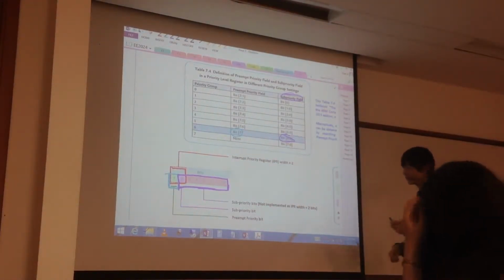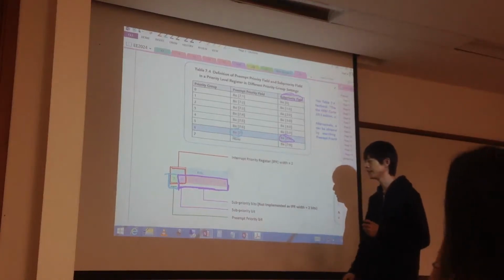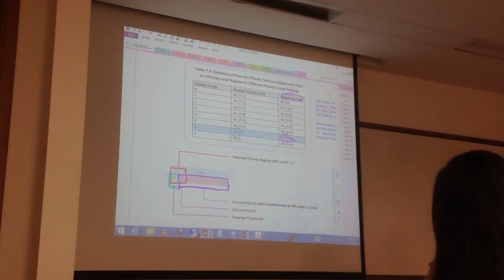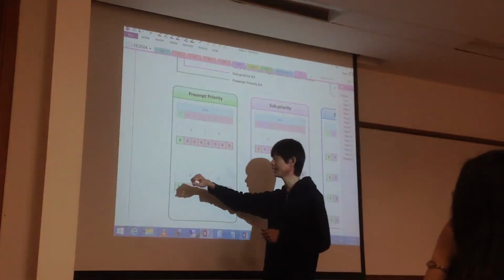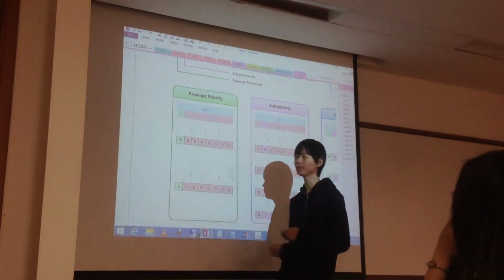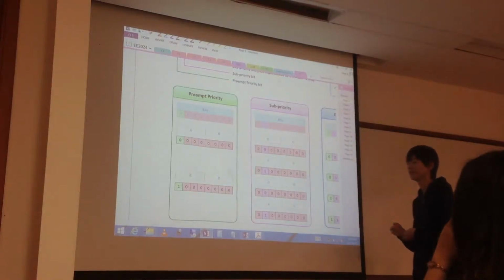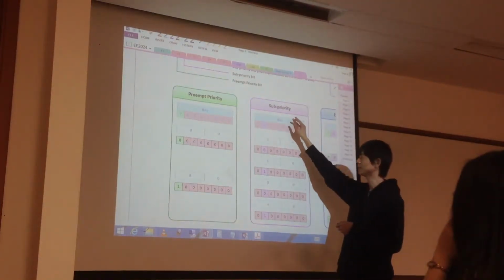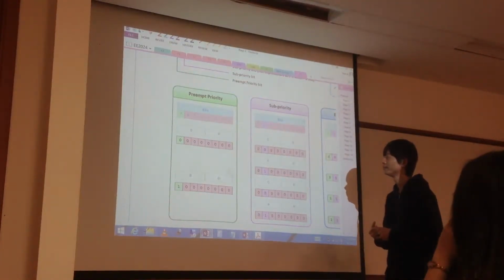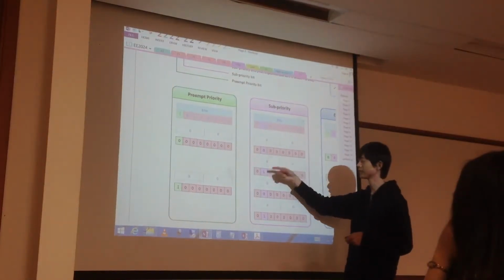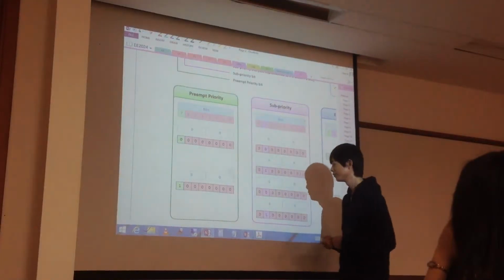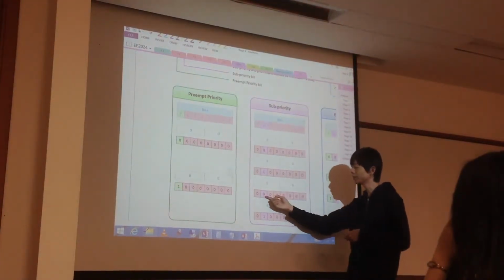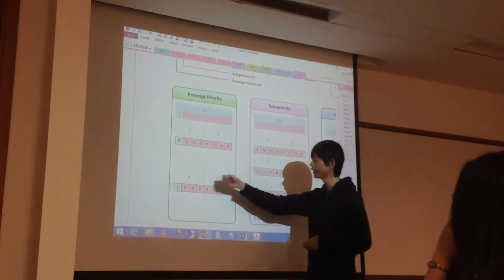What are the possibilities for the preempt priority bit? For bit 7, 2 possibilities. It can be 0 or it can be 1. Let us look at the sub-priority bit. It can be 0, it can be 1, when your preempt is 0. Similarly, it can be 0, it can be 1, when your preempt is 1.